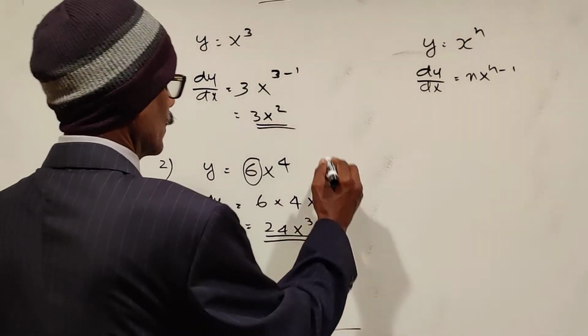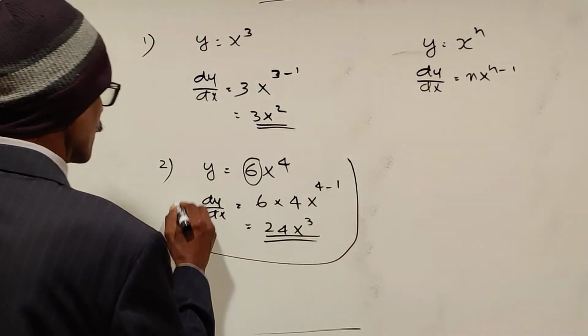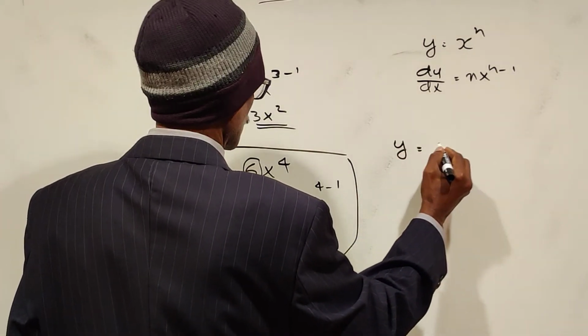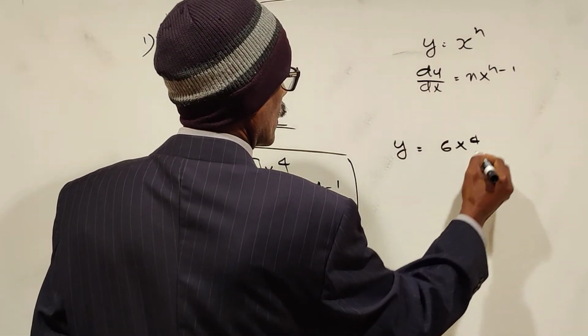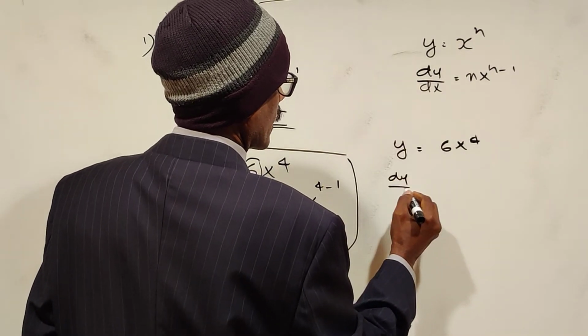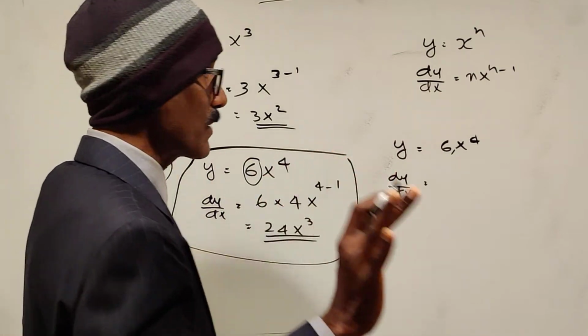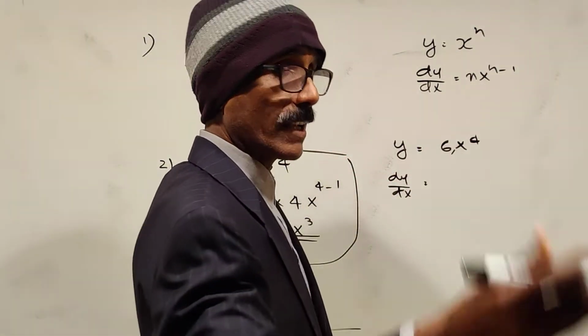Or, if you have any question like this, you can do the product rule also. 6x to the power 4. dy by dx equals, just consider 6 as the first function and x raised to 4 as the second function.